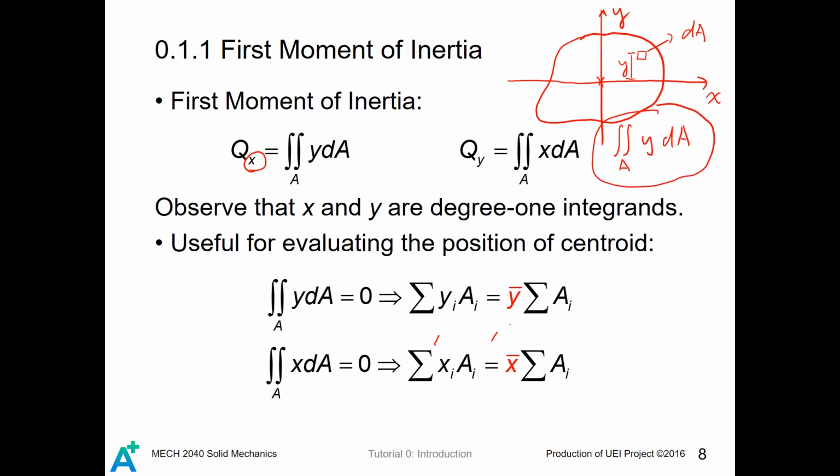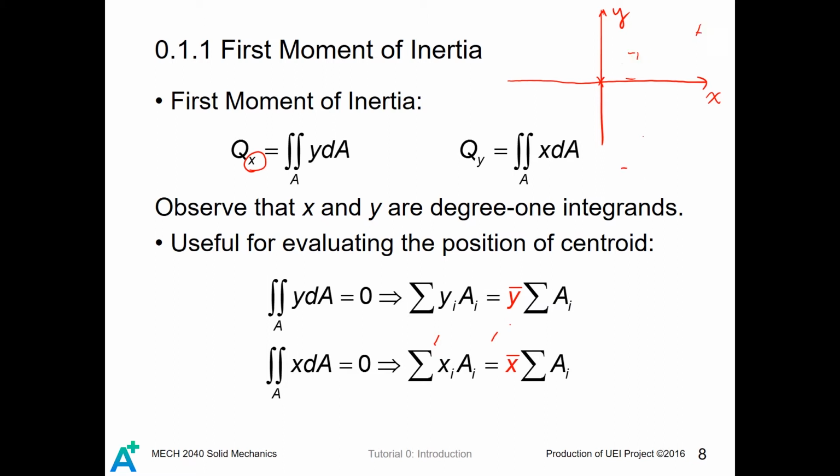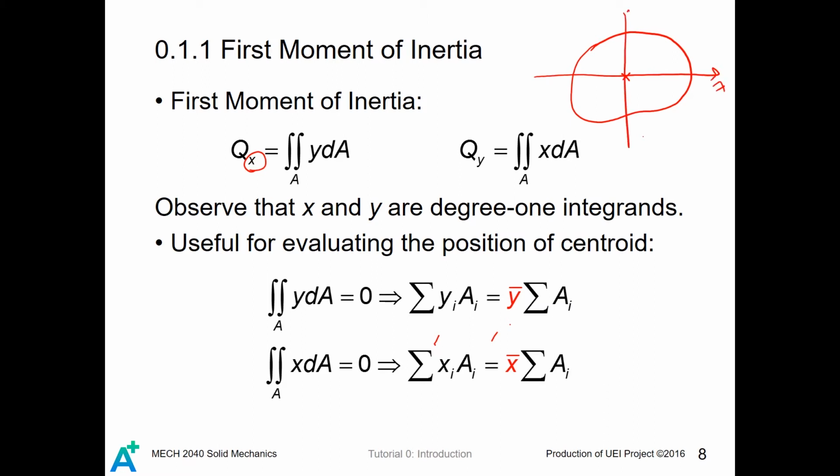Similarly, for an arbitrary shape with its geometric center, you have the x-axis and the y-axis. The differential area dA is located at position x. So let's see, this is x, okay?